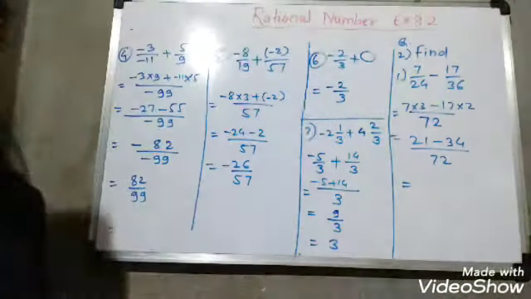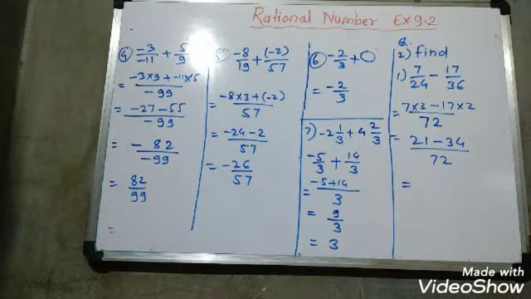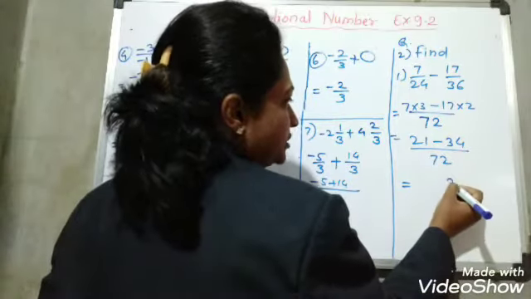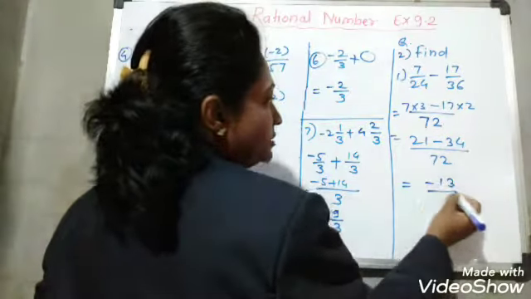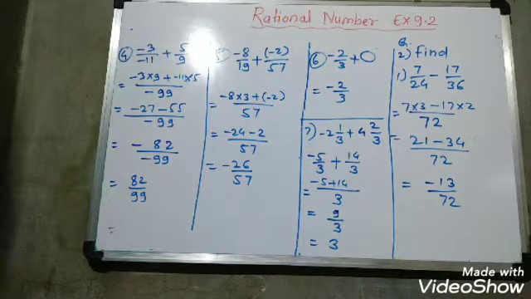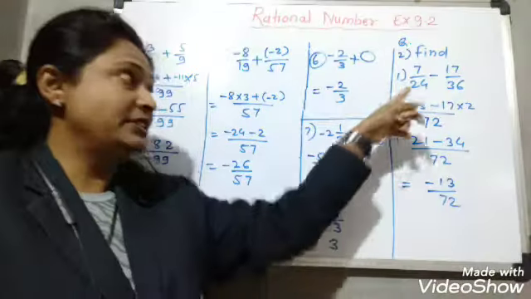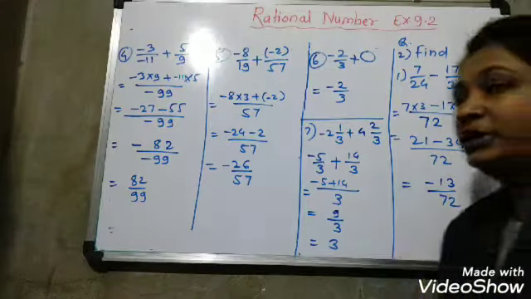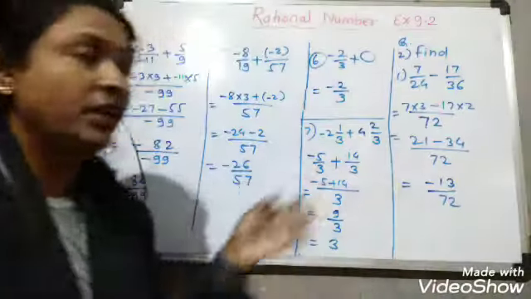Now see 21 minus 34, both numbers have different signs, so we have to do the subtraction. So your answer is minus 13 upon 72. Understand students? By LCM method I solved that. And if you don't know how to solve by LCM method, please watch my video. It will help you.